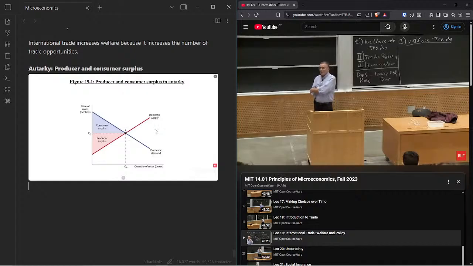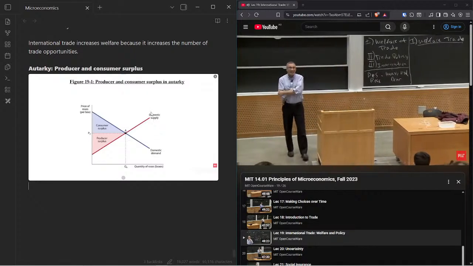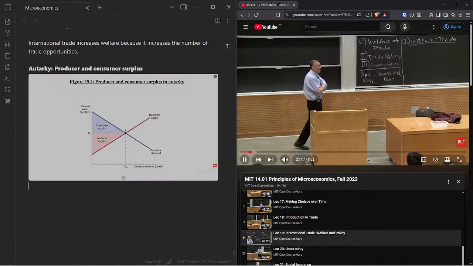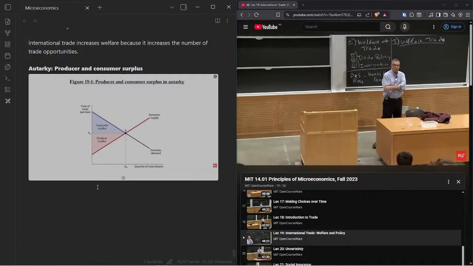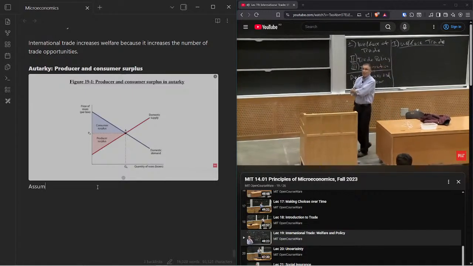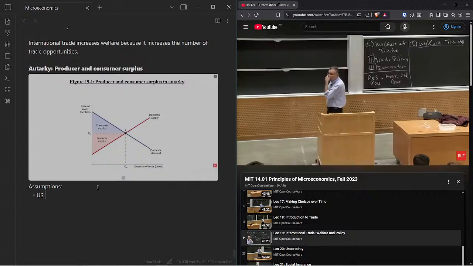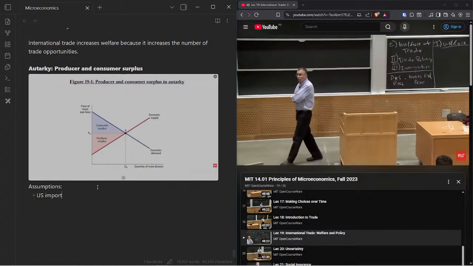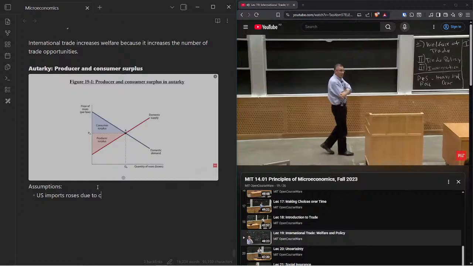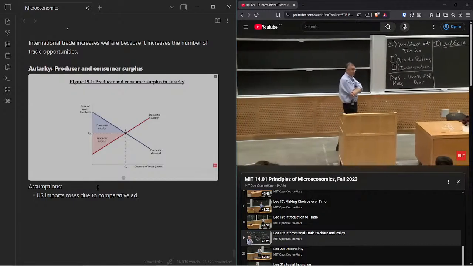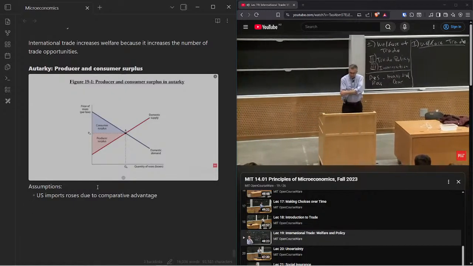Now, let's imagine we open up to international trade, and let's imagine that comparative advantage is such that the U.S. imports roses. Remember, last time we were talking about a two-good model, like computers and roses. Now we're just focusing on the market for roses. But let's say that two-good model delivered the outcome that the U.S. would import roses, as it implied last time.